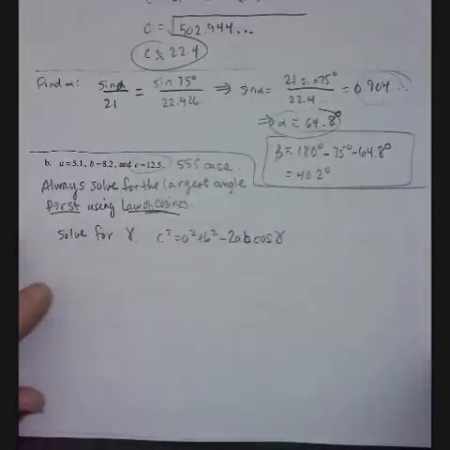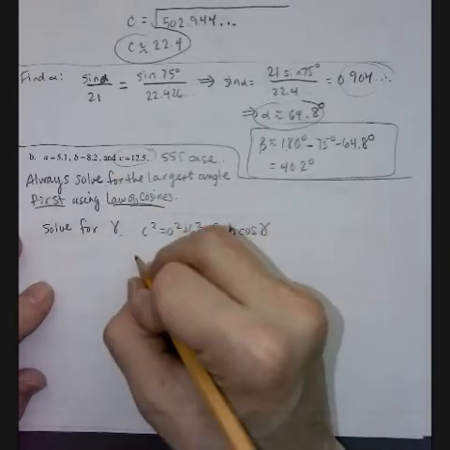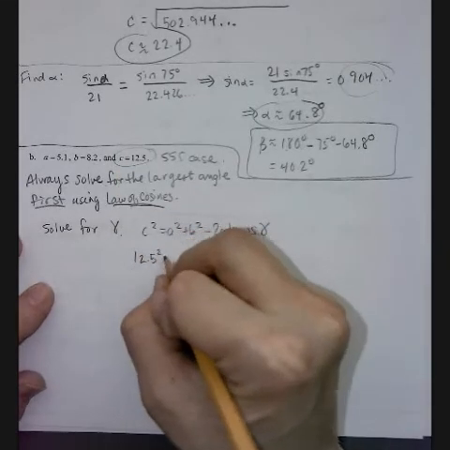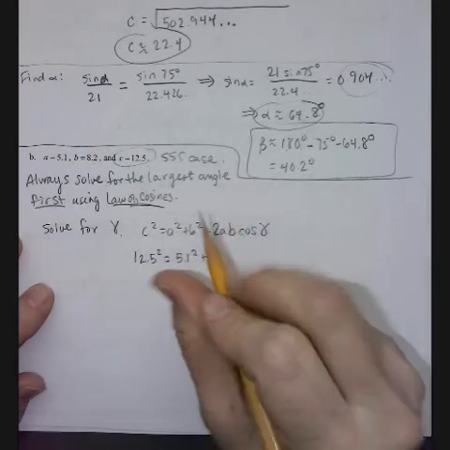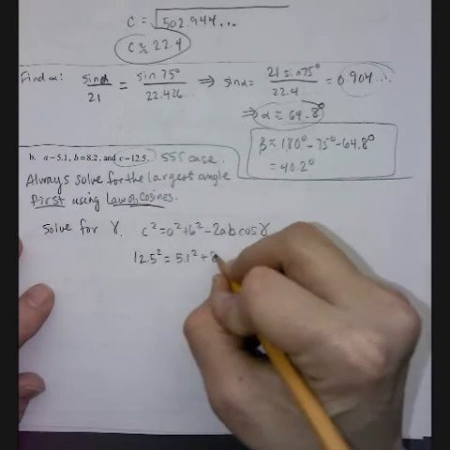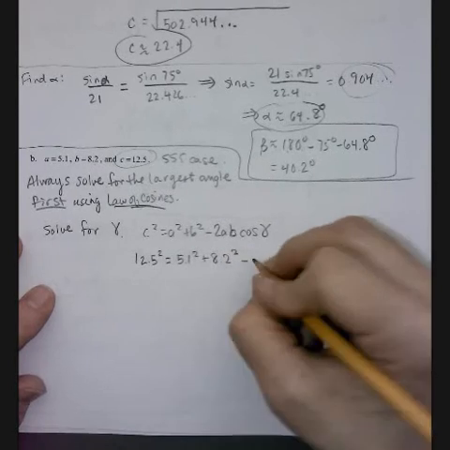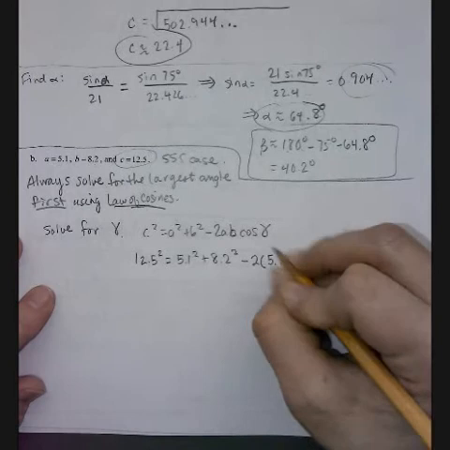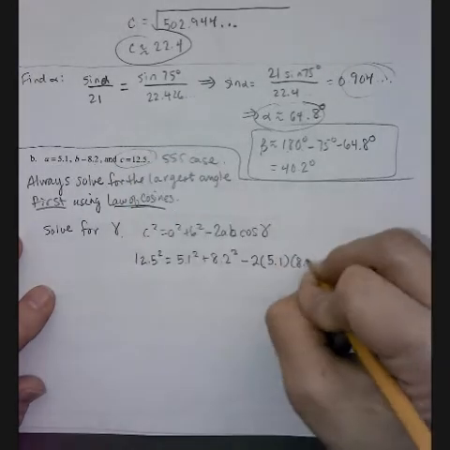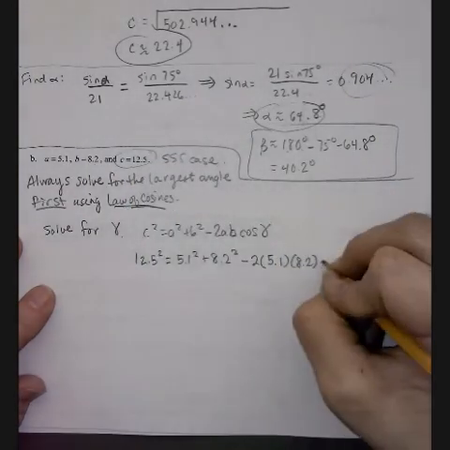So c is 12.5, equals 5.1 squared plus 8.2 squared minus 2 times 5.1 times 8.2. And then gamma is what we don't know.